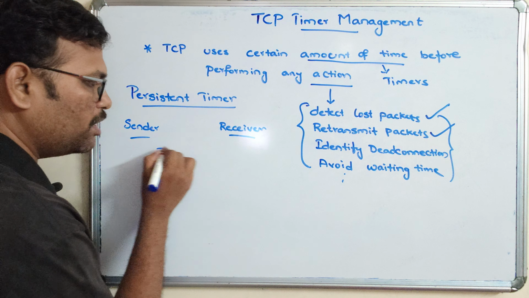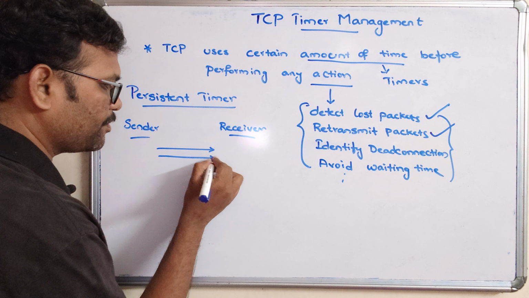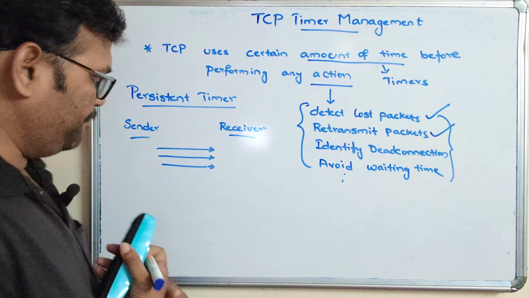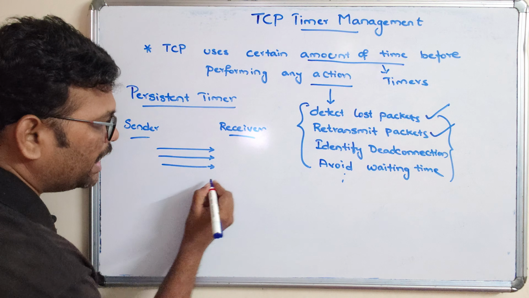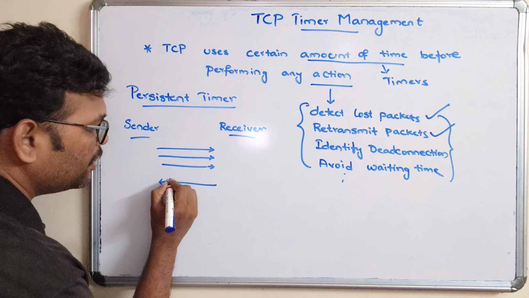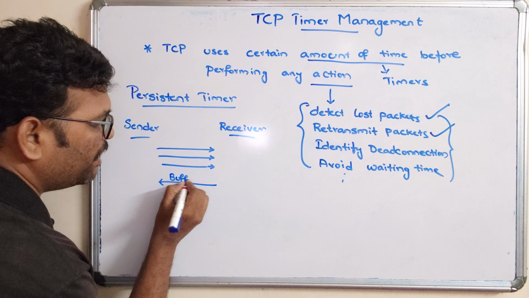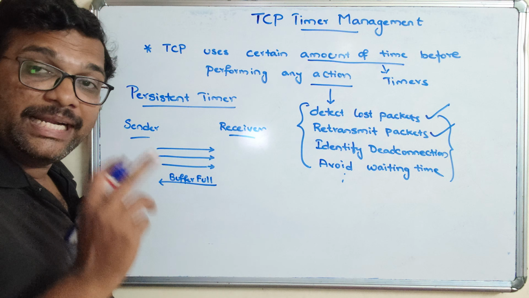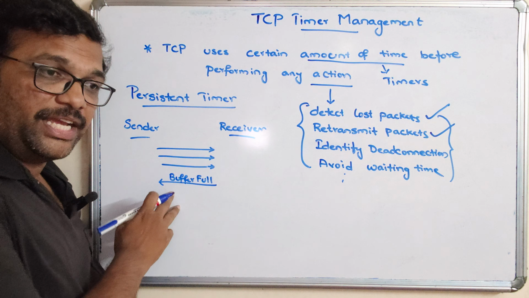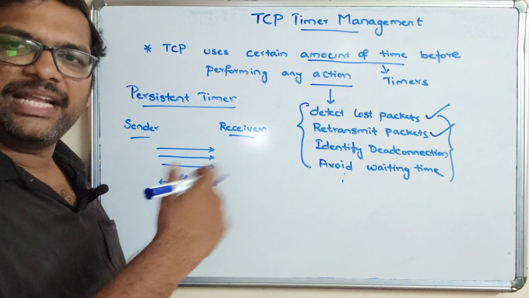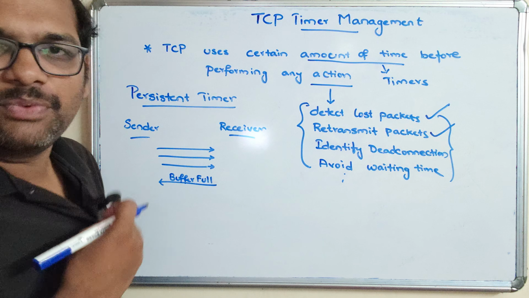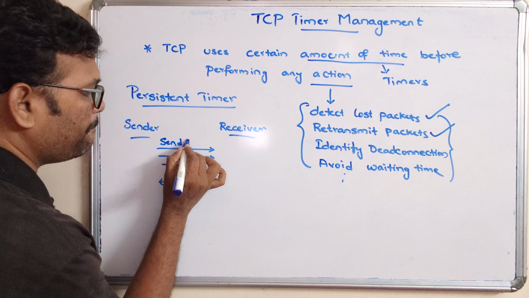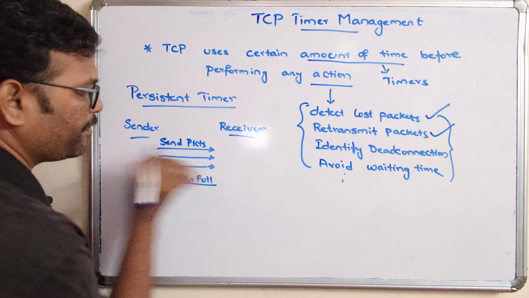The sender keeps on sending the packets, and at one moment the receiver sends a message saying buffer full. Until the receiver sends a buffer full message, the sender keeps on sending the packets to the receiver.